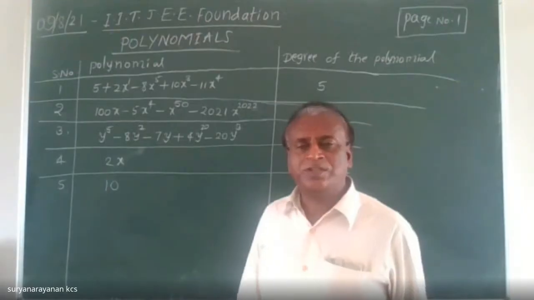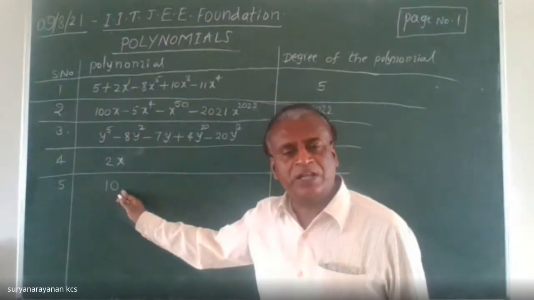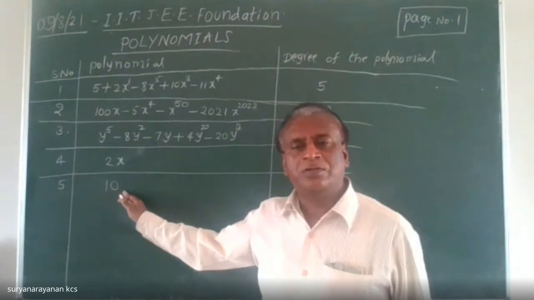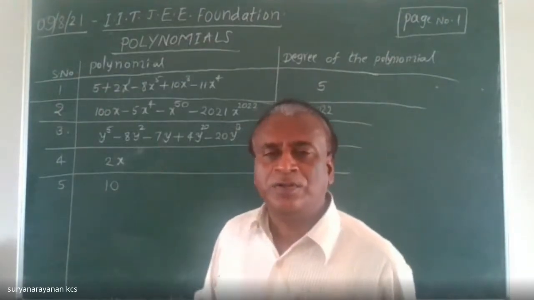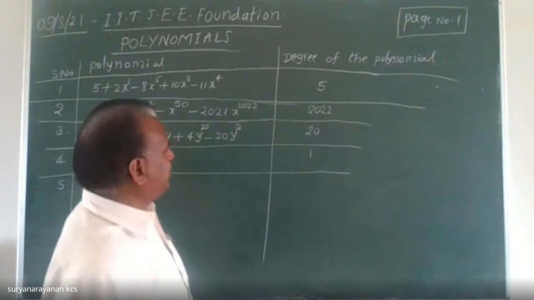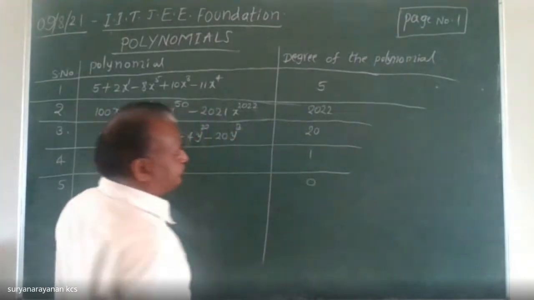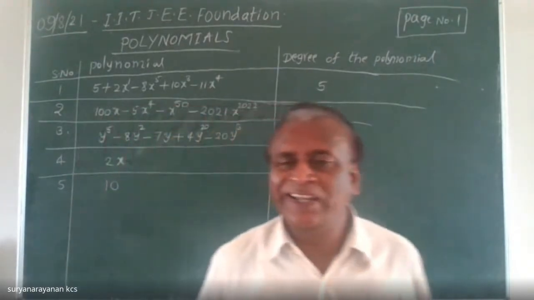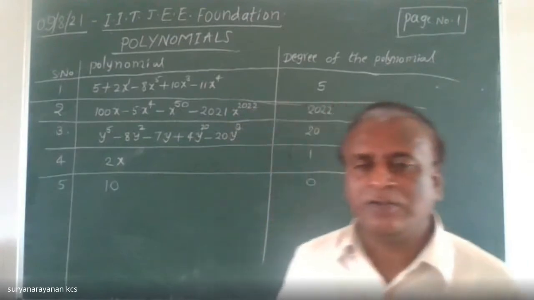Is there any variable? No, sir. 0. Yes, 0 is the degree of this polynomial.